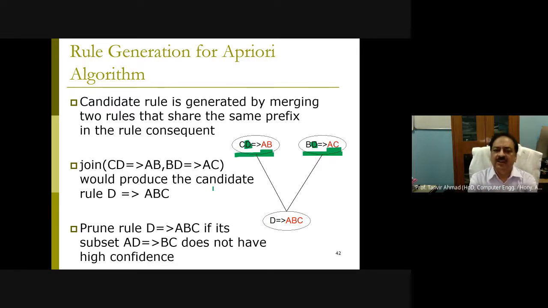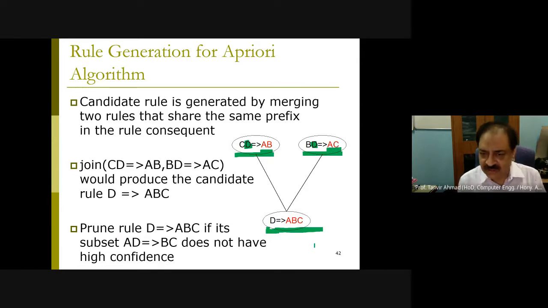Okay. Now some rules will be generated like this, and you can also prune the rules if the subset of this rule does not have a higher confidence. Now, if I generate these rules over here, I can check the confidence. If the subset of this rule does not have a high confidence, I can prune the rules.